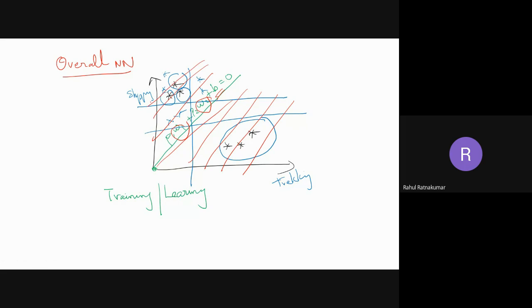So today we'll be discussing the training and learning part. So how can we define training or learning? We can say training or learning is minimization of something. Let's discuss what minimization is later.